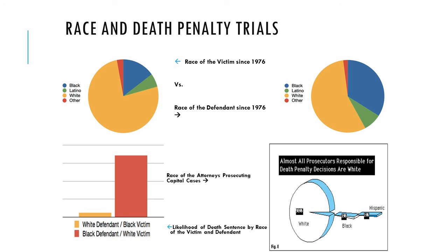Okay, the last slide we're going to look at is basically the crux of why executions were halted in 1972, and hopefully you took some time to review the Furman cases and the Gregg cases as listed earlier in the slide.